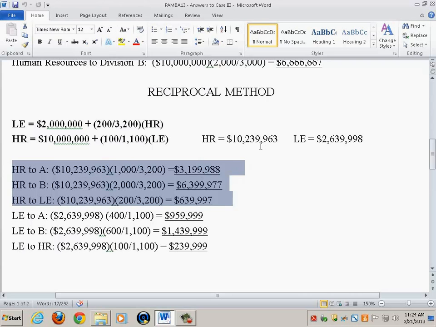We just solved for it. So all we have to do is apply the allocation ratios. So to A, it allocates the 1,000 person hours it devotes to A over the 3,200 person hours that it devotes to everybody. Same thing for B, and same thing for LE.